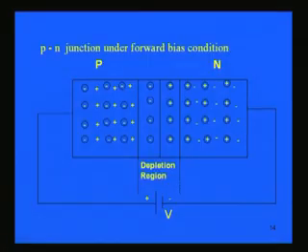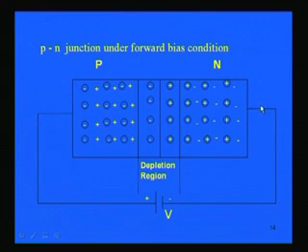Now, what will happen if we connect a voltage with positive polarity to the P and negative to N? This particular biasing is known as forward bias condition.